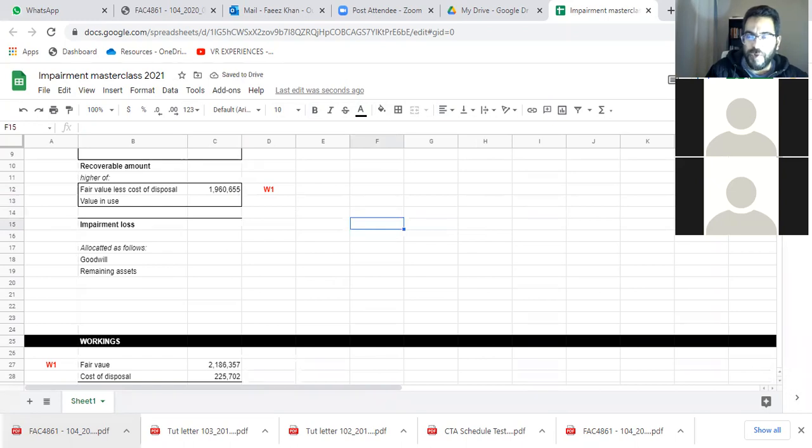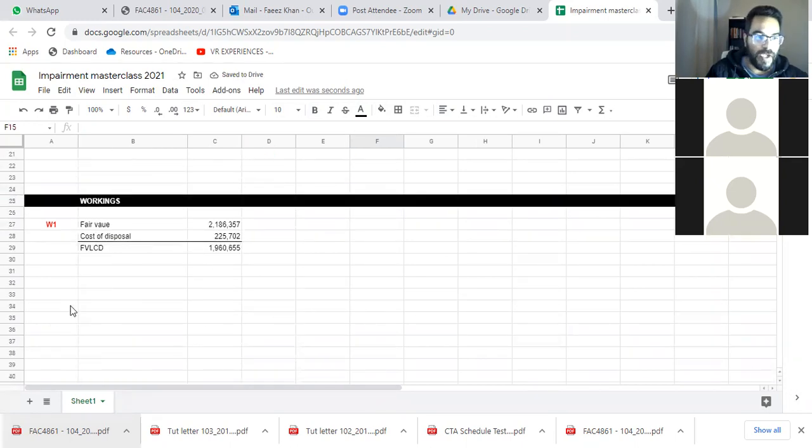Now in working 2, we will work out the value in use. You need to decide how you're going to set it out. There are 2 ways you can do it. You can either use the 5 buttons on your financial calculator, or you will have to set up a cash flow table, similar to a capital budgeting table or a free cash flow table.